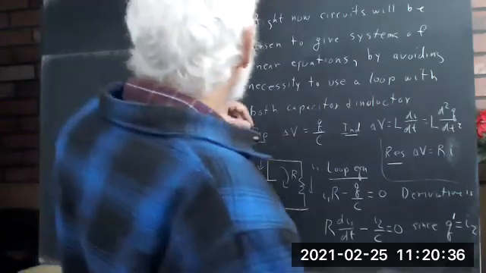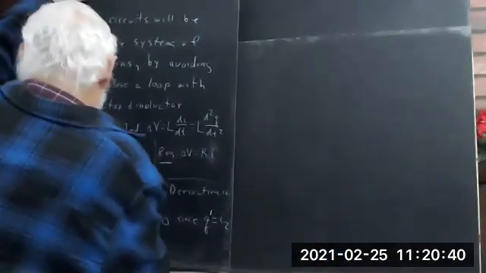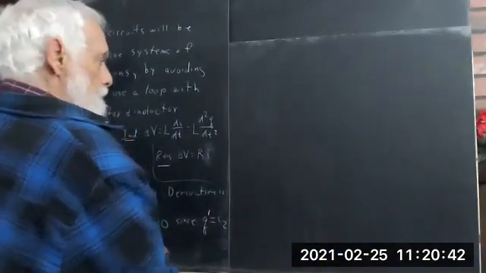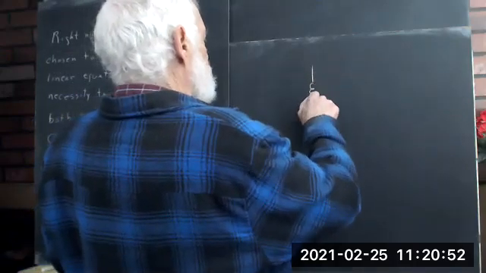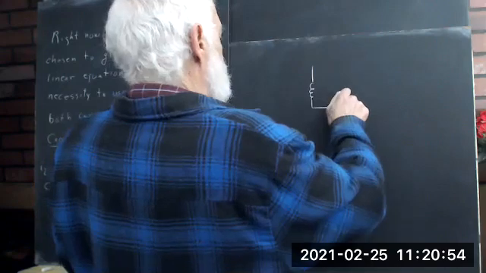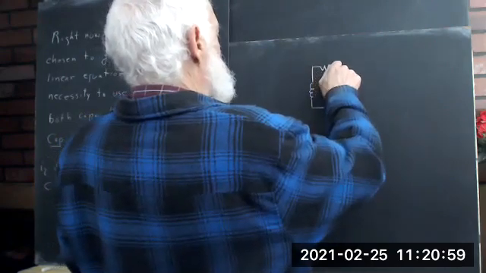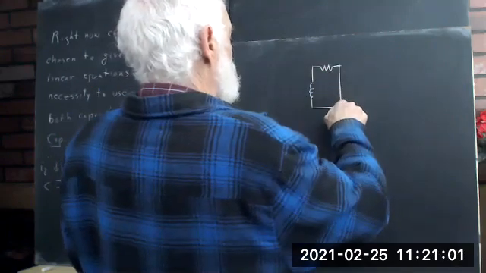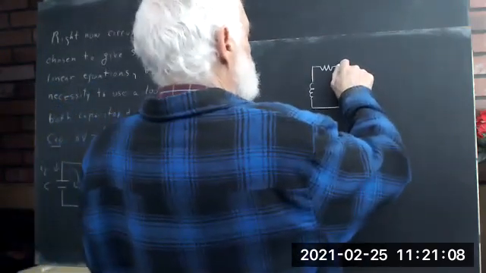Now, in that case, let's just try to write out a circuit or sketch a circuit where that's feasible strategy. Okay, so let's just have a circuit that looks like this. Now we can have inductors, and we can have resistors. So there's a loop that just has an inductor and a resistor. And here's another loop.